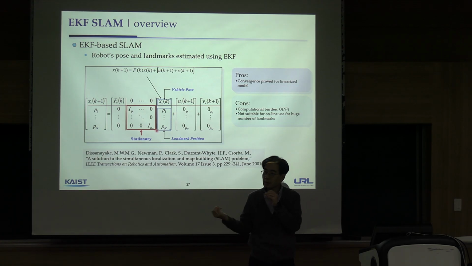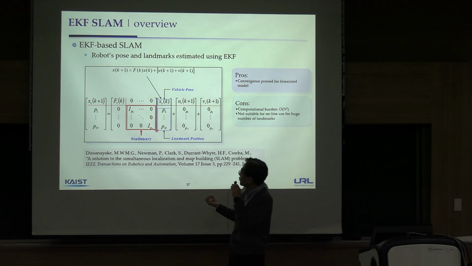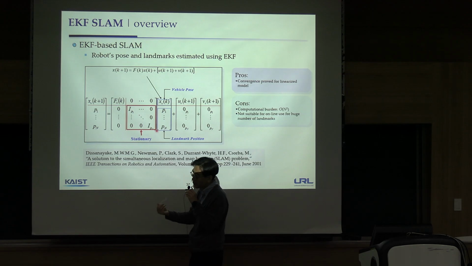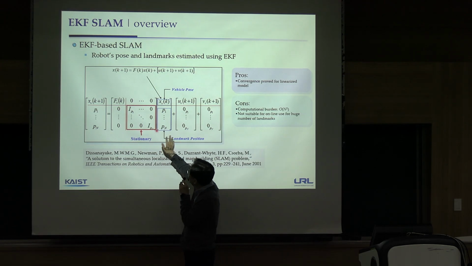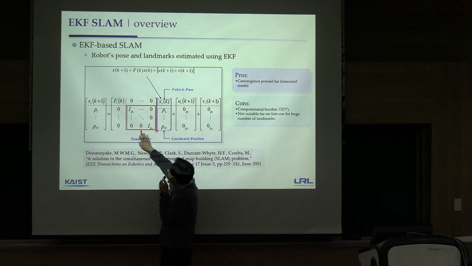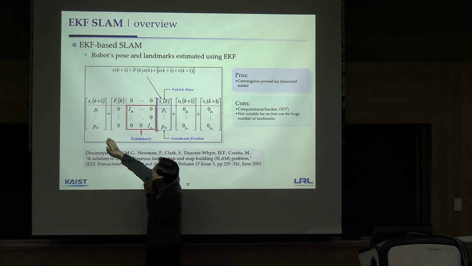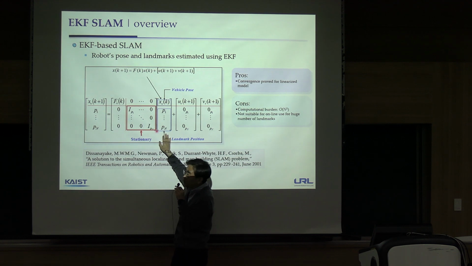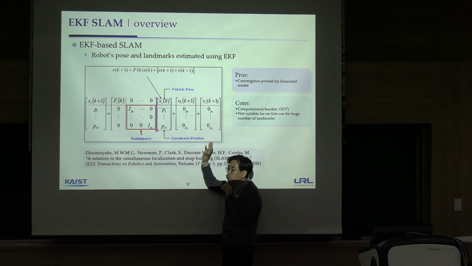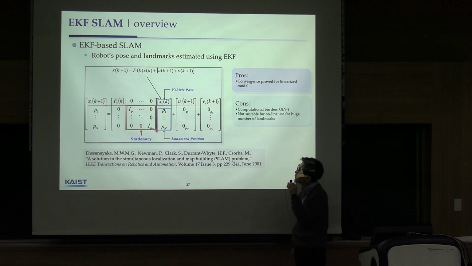They are not moving. So non-moving features are extracted, and based on that, we can update this information. So that's why we introduced the identity matrix. This will not vary over time. Only the vehicle information will be evolving over time based on the kinematic equation.